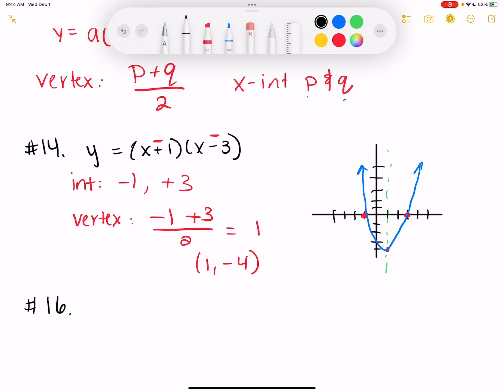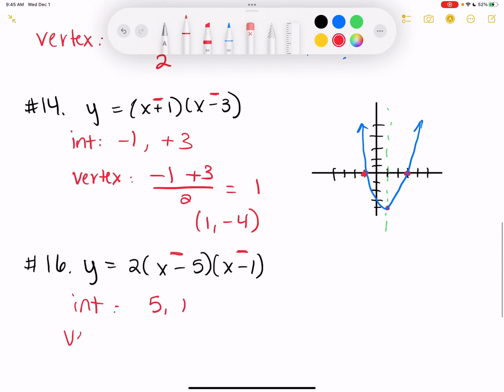Alright. y equals 2 times x minus 5 times x minus 1. Both of these are supposed to be negative, and they already are. So what does that mean about my intercepts? Positive. So my intercepts are at 5 and at 1.